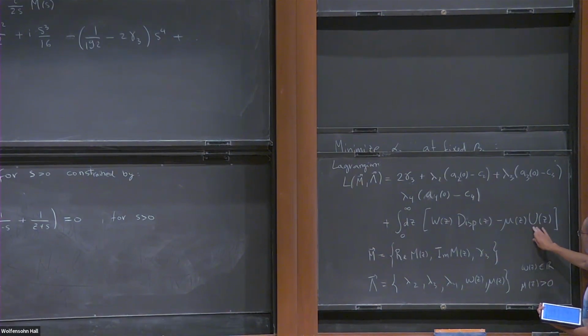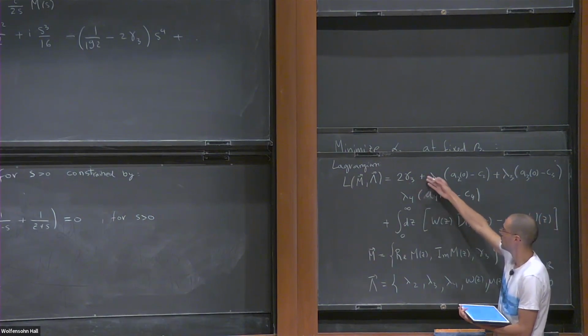So what is the logic for that? If you don't put this constraint, then there's no minima, right?